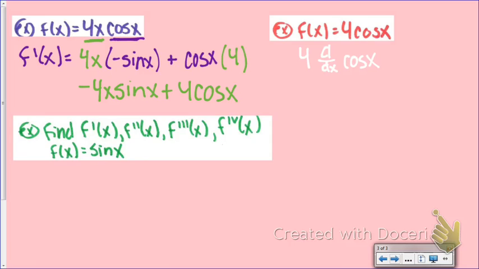And I can find my derivative that way. So again, this will be a little bit simpler than going through the product rule. But if you did the product rule, you get the same answer because the derivative of 4 we know is 0. So again, finding my derivative this way, I would just get that f prime of x is 4 times the derivative of cosine, which is a negative sine x.